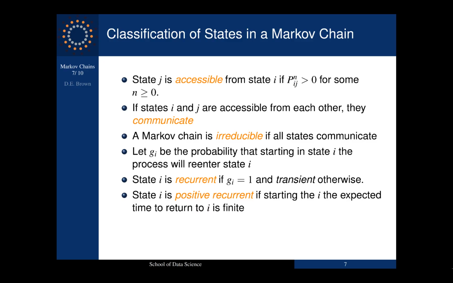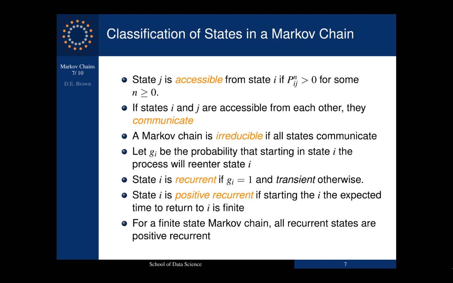So state i is positive recurrent if, starting in i, the expected time to return is finite. The probability that we return in some infinite time may be 1, but that's not so interesting. We want to know if there's a finite expectation of return, and that's the notion of positive recurrence.